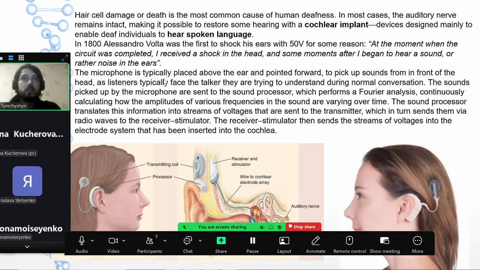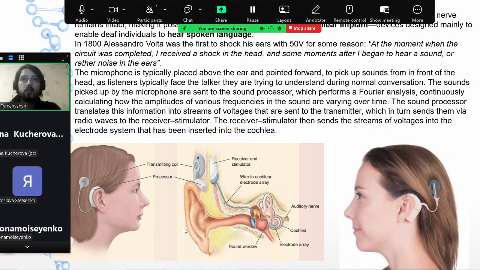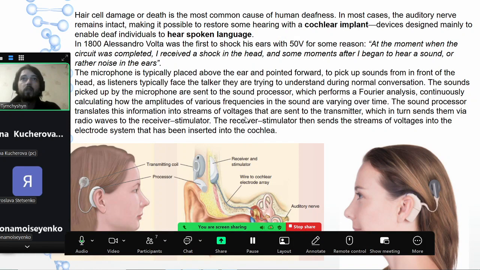Here are just some notions for you. Since we are getting into all that hearing, here is a hearing implant, or a cochlear implant. These are devices mainly designed to enable individuals to hear spoken language.